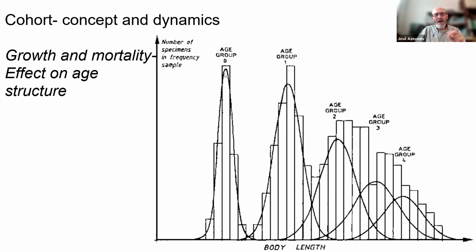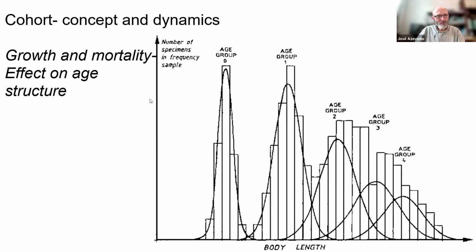So as individuals grow, because this is number of individuals per size, the cohort moves to the right in the size graph, but it also decreases in the number axis because of mortality, right?